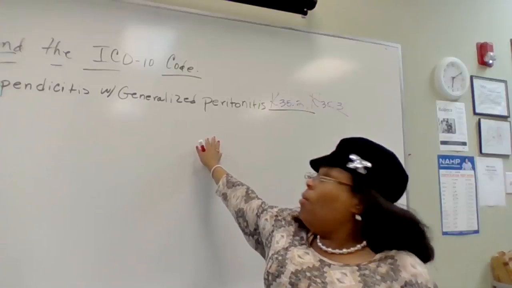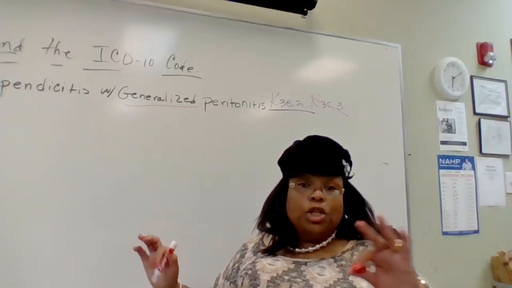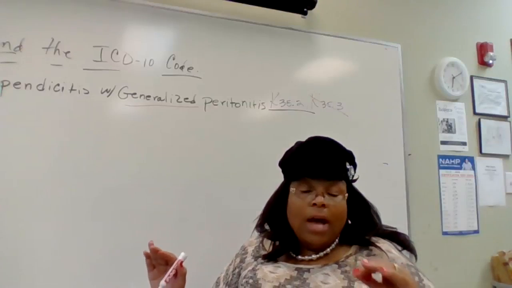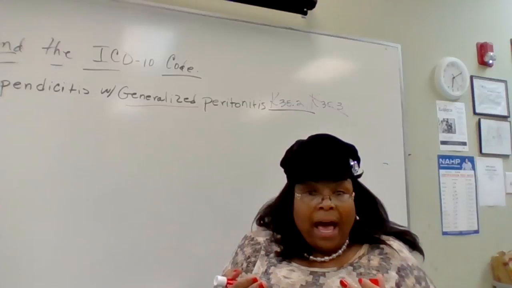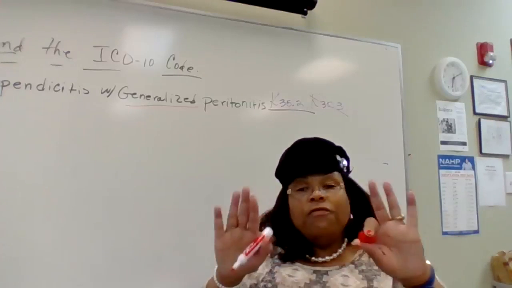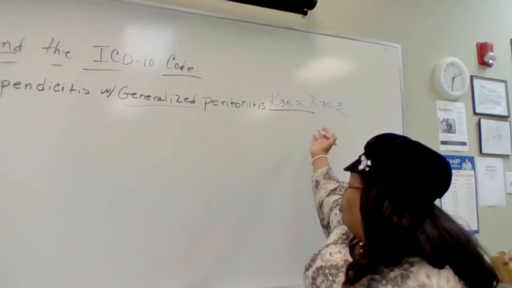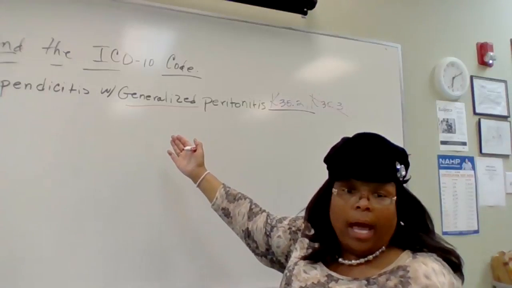peritonitis. That key word up here, generalized, is your determining factor of how you specify the code that you're looking for. However, if you make a mistake and use the one that's local instead of generalized, it's okay.